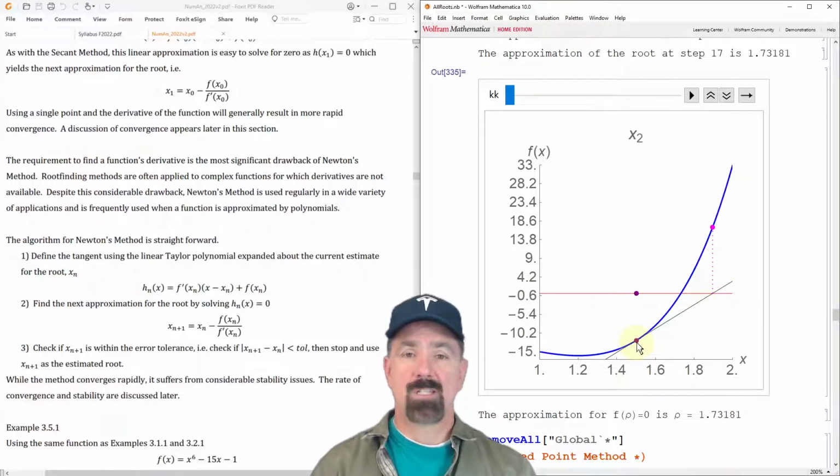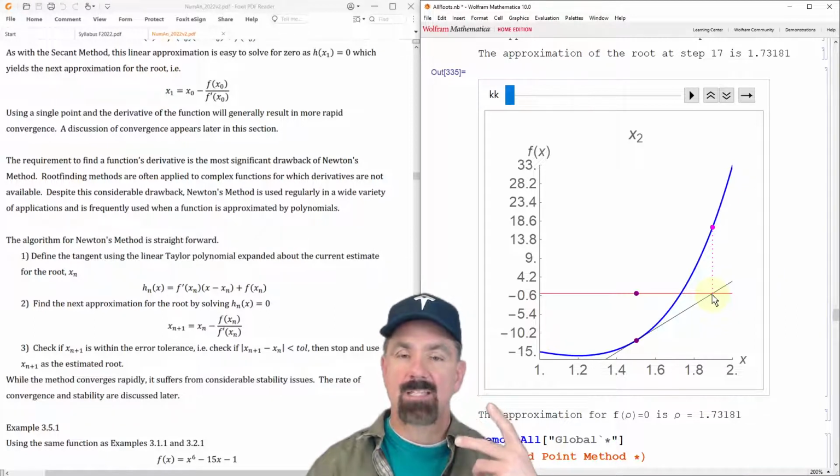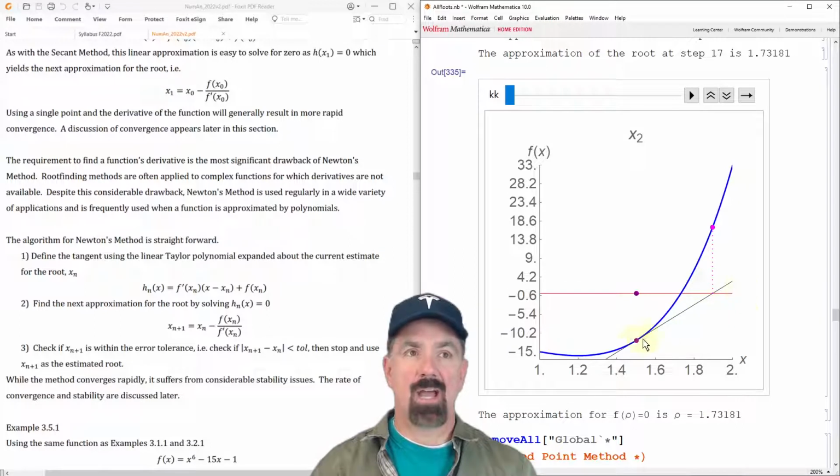What we're doing now is there is no secant. The line that we are finding the intersection of is the line created by the derivative. So the concept is exactly the same as secant and regula falsi. We're going to develop a line, but instead of a secant line, it's going to be a tangent line, tangent to the curve. As we move forward, we have this approximation for the root right here.